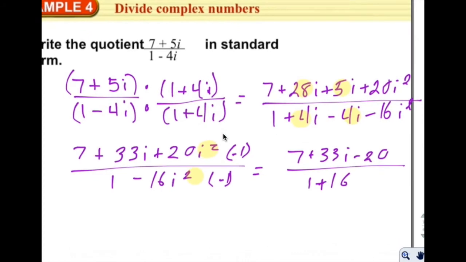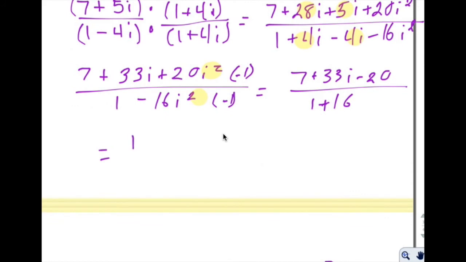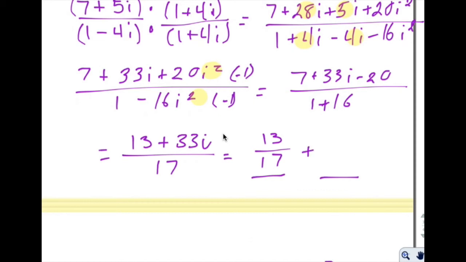So simplifying further, 13 plus 33i over 17. And that looks like it would be in standard form. It'd be the simplest way that I can write that problem. But to write in standard form, I actually need two separate terms. So I need to do 13 over 17 plus 33i over 17. And that would be the correct answer in standard form.